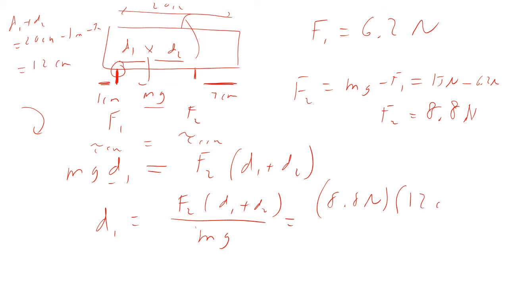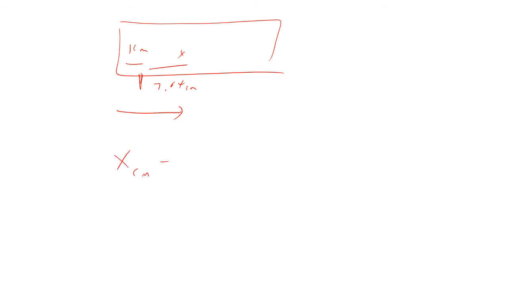So 12 centimeters divided by 15 newtons. And so what we find is d1 is 7.04 centimeters from the left-hand support. So that means the left-hand support is 1 centimeter over. Center of mass is 7.04 centimeters further over. So that means the X position of the center of mass is 8.04 centimeters from the left end of the box.